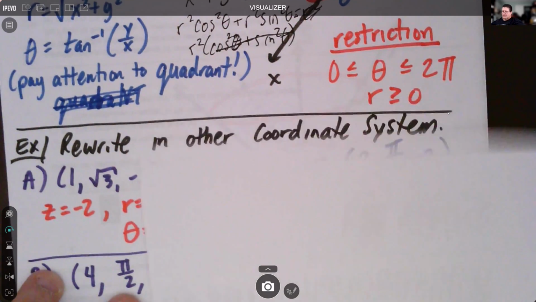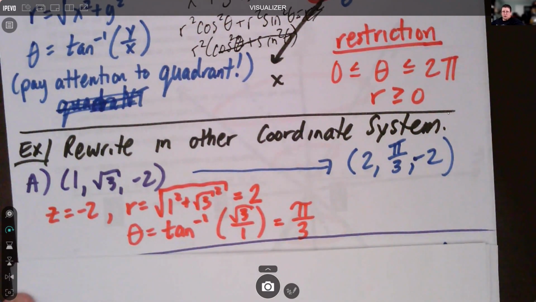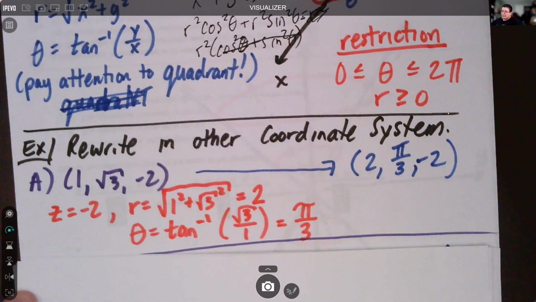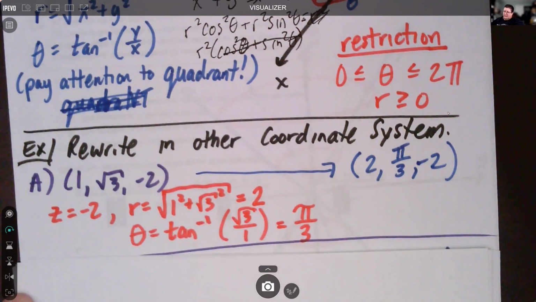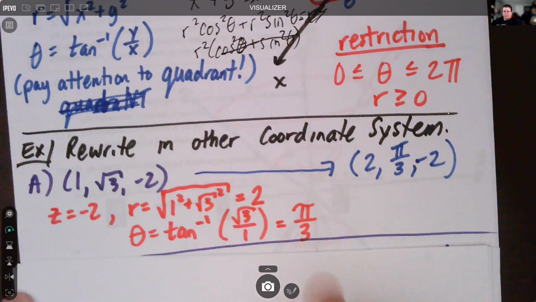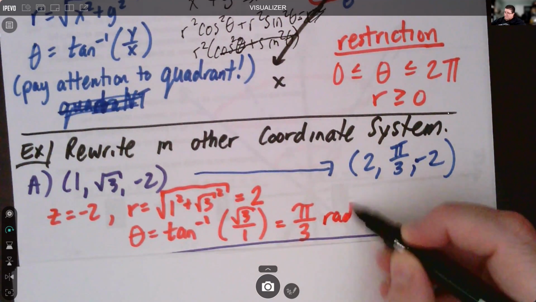So z stays the same. If I do r squared equals x squared plus y squared, so 1 squared plus root 3 squared, I've got 1 plus 3 is 4. The square root of 4 is 2, so I've got a radius of 2. Theta equals tangent inverse of root 3 over 1. We get pi over 3, and I write that down in units of radians.